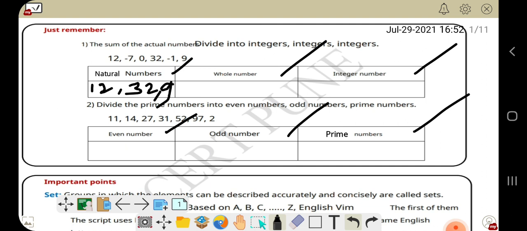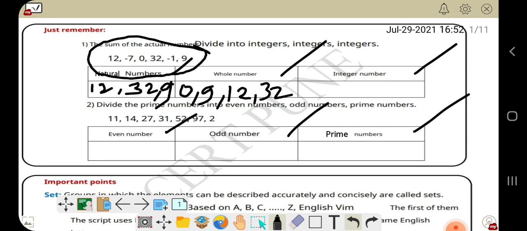Whole numbers will be starting from 0, 9, 12, 32. Integers, all these numbers are integers, because the definition of integers that we have seen, all the negative numbers, all the positive numbers including 0. So all these numbers are integers.